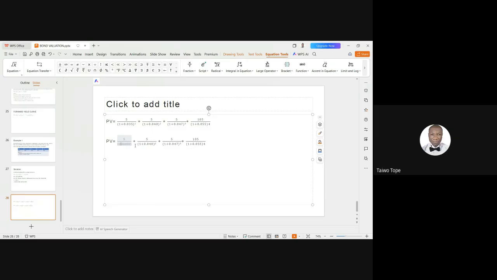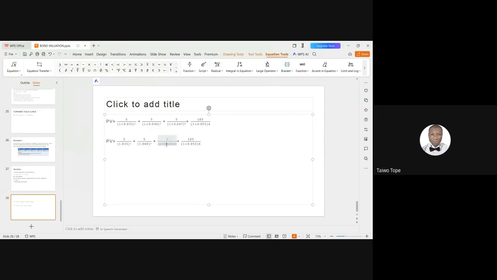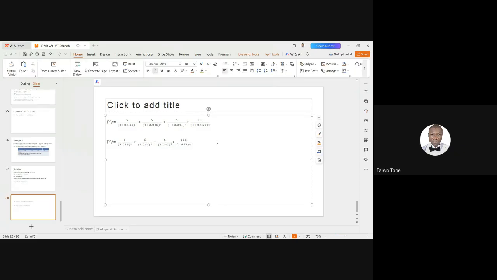1 plus 0.040 will give you 1.040, to the power of 2. So when you simplify further, your PV will be what?